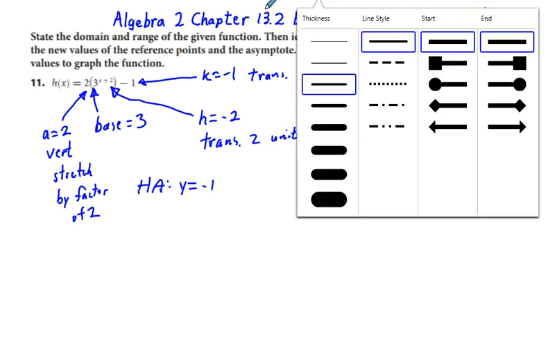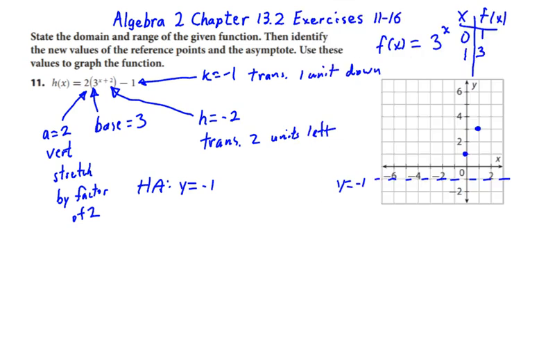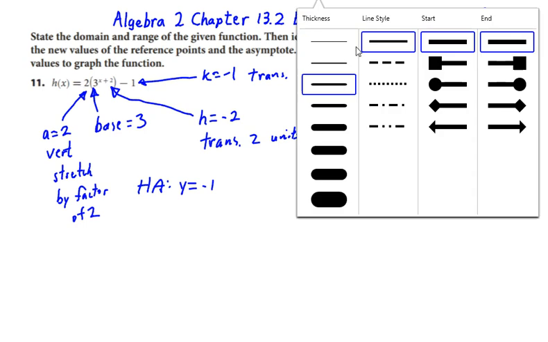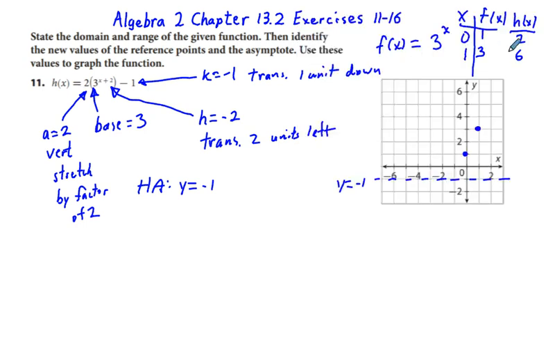So if we take this by a factor of 2, we're going to say h of x, and we multiply 1 by 2, we get 2, 3 by 2, we get 6. And so we're going to take these points and move them up. I'm going to use red for my translation here, just because it'll make it easier to keep track of. So we have 0, 2, and 1, 6. So that's going to be with our vertical stretch.